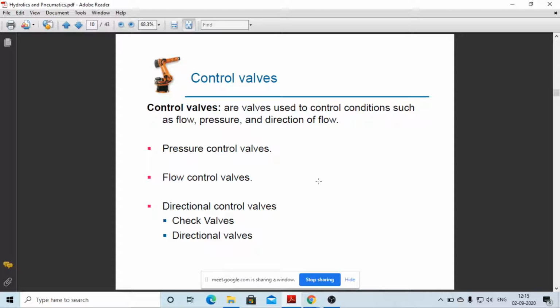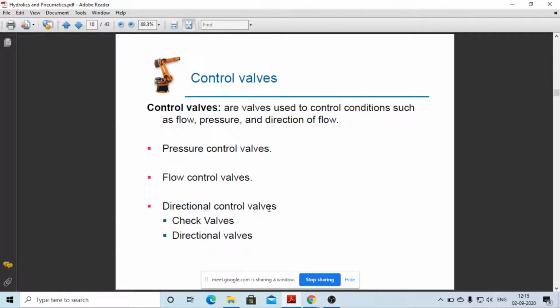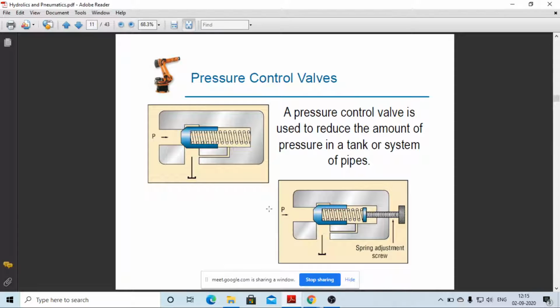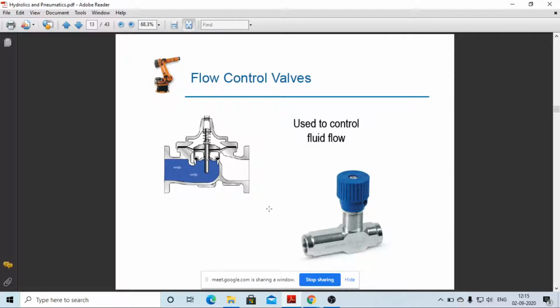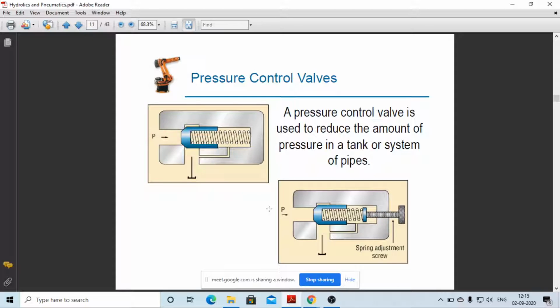So these are the various control valves: pressure control valves, flow control valves, and directional control valves. We are using the pressure control valves, directional control valves, and relief valves in the previous diagram. Many different types of pneumatic valves are available, but now there is no need to discuss pneumatics here.